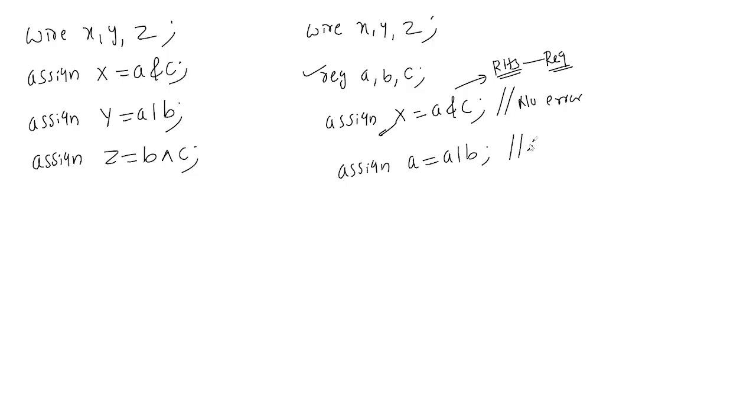You are getting an error. Why? Because when you are using an assign statement, the LHS should not be a reg data type. It should compulsorily be a wire data type. Understood? The RHS can be a reg data type and the compiler will take it, but the LHS cannot be a reg data type.